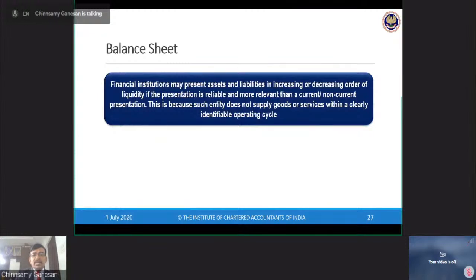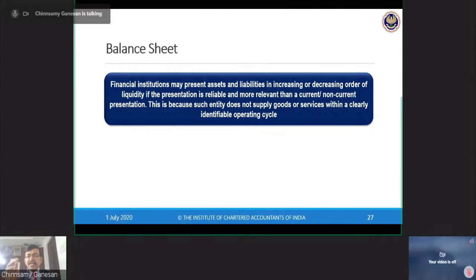One question which somebody from Chennai has asked says that you can give the order of liquidity also if it presents more relevant information than current and non-current. This is because such an entity does not supply goods and services within a clearly identifiable operating cycle. You will see what an operating cycle is later on.